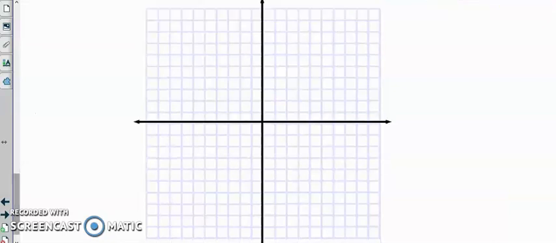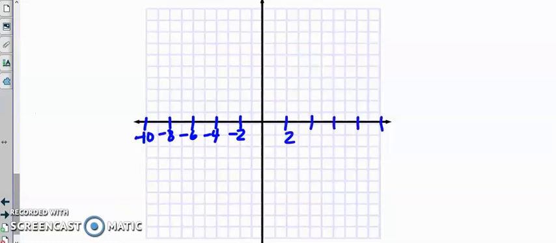All right, so let's go ahead and label our graphs here. 2, 4, 6, 8, 10. So -2, -4, -6, -8, -10. Again, labeling your graphs is important.